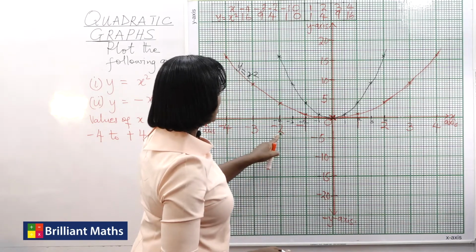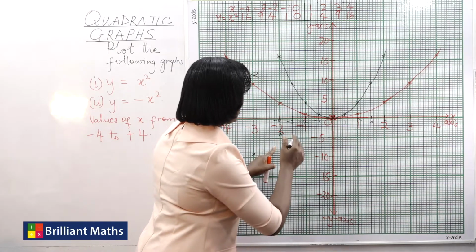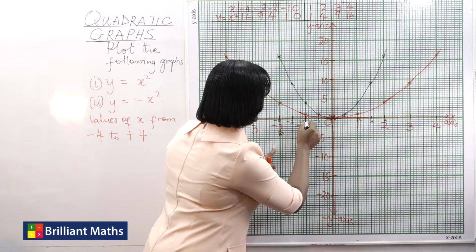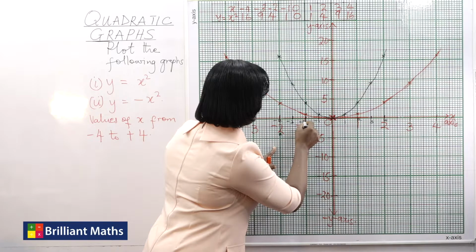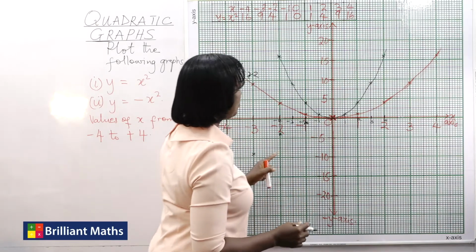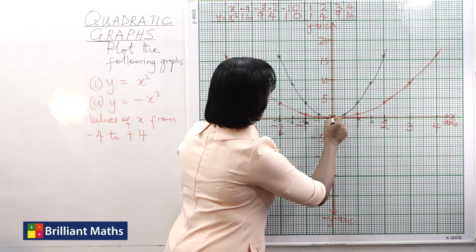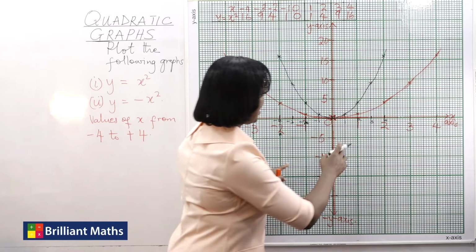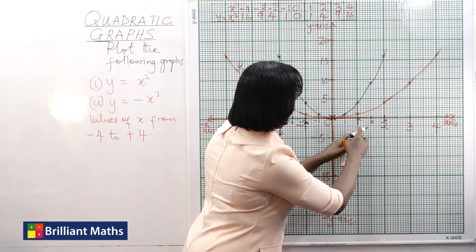When x is minus 1, y will be minus 1. When x is 0, y will be 0. When x is 1, y will be minus 1.